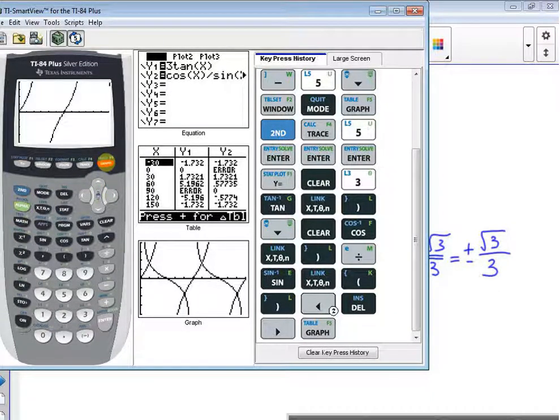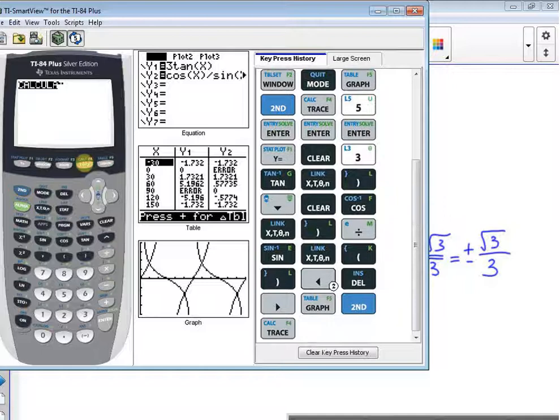So I have four answers. I'm looking for where they intersect, not where they intersect the x-axis now. And you can kind of see the 30, the 150, the 210, but we'll do one of them. So second trace, intersect.